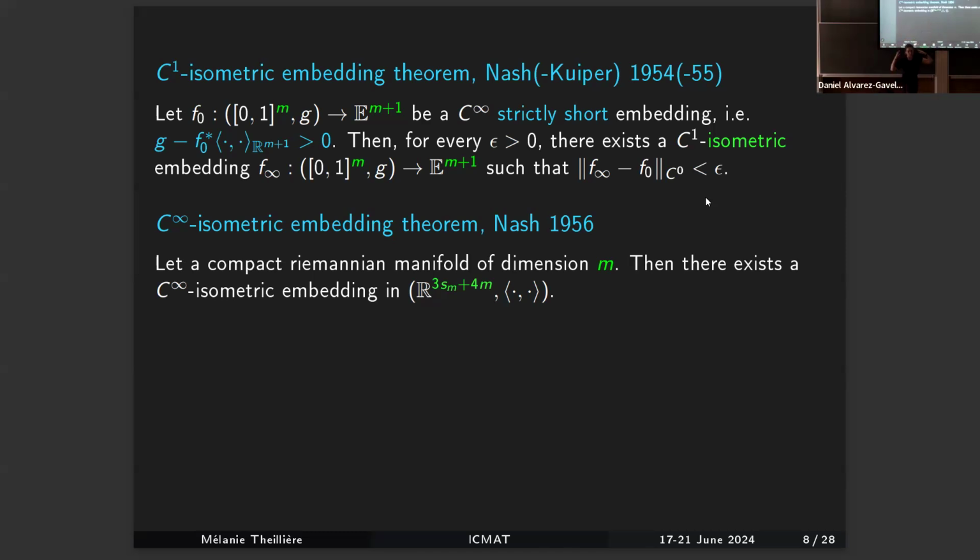This new map is as close as we want to the initial map. The other theorem, for smooth isometric embedding, is stated for a compact manifold of dimension n. Here we see that we have a smooth regularity, while the dimension is really fragile.